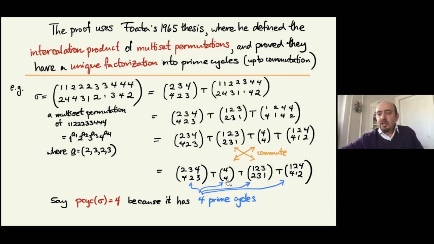This factorization is unique, except that you can see for the intercalation product, when your contents are disjoint, the cycles commute. That's the only ambiguity in the way you write it in terms of prime cycles. And then what we'll care about is the statistic that we'll call pcyc, for prime cycles, 4 prime cycles for this multiset permutation, because there were 4 there. Okay, so he develops this.